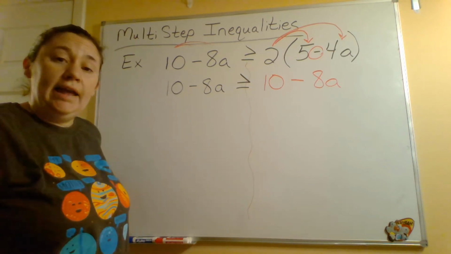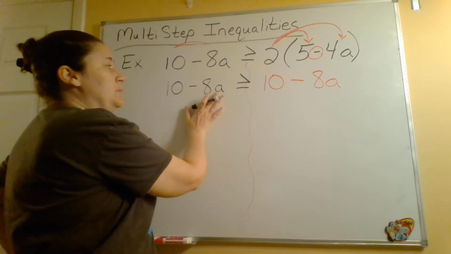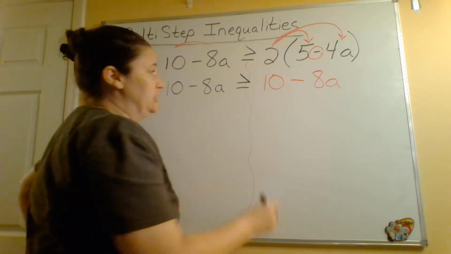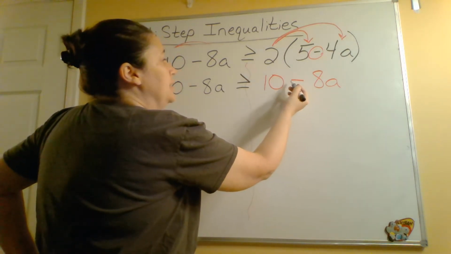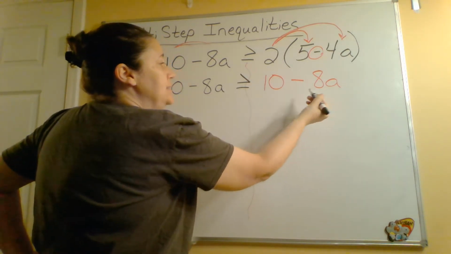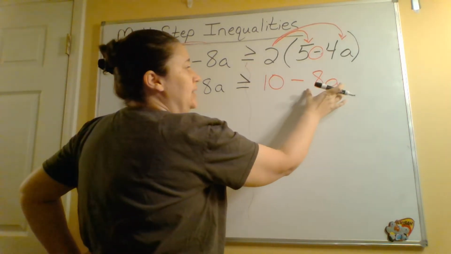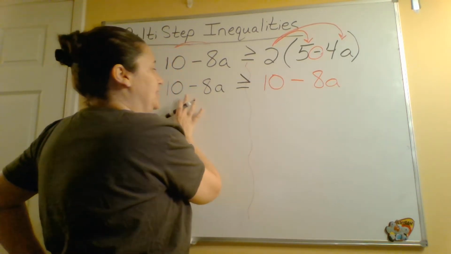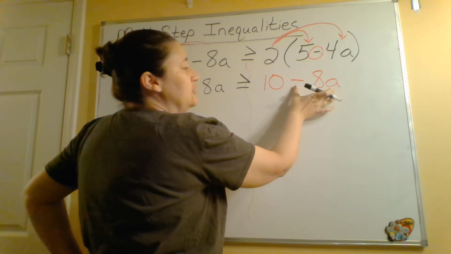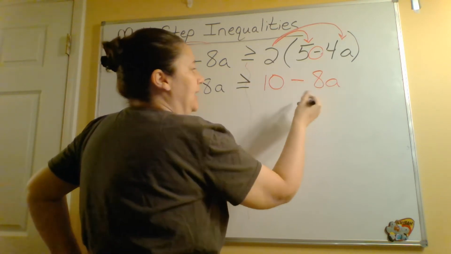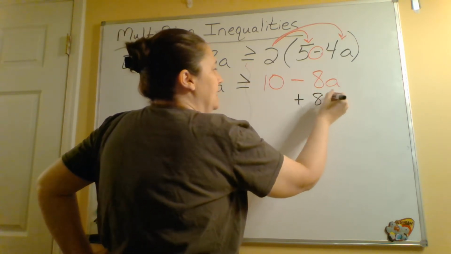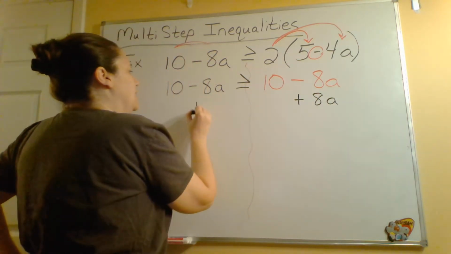Let's get all the a's on one side. How about if we put all the a's over here? Let's do that. They're subtracting 8a's. So to get rid of this 8a and put all the a's on the left side, I have to do the opposite of minus 8a. I'm going to add 8a to both sides.